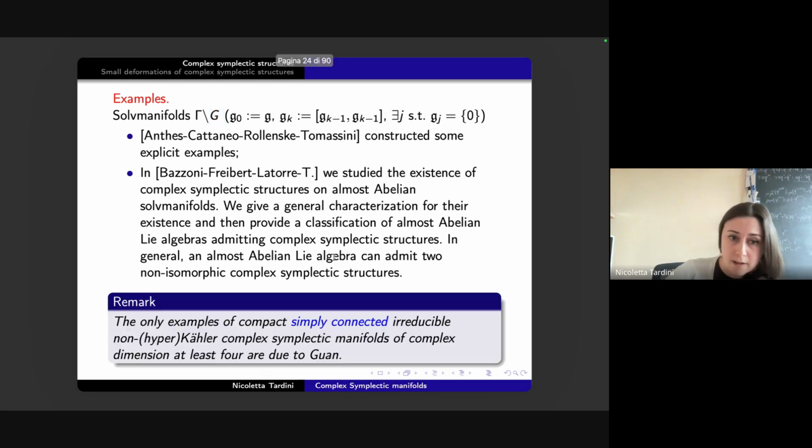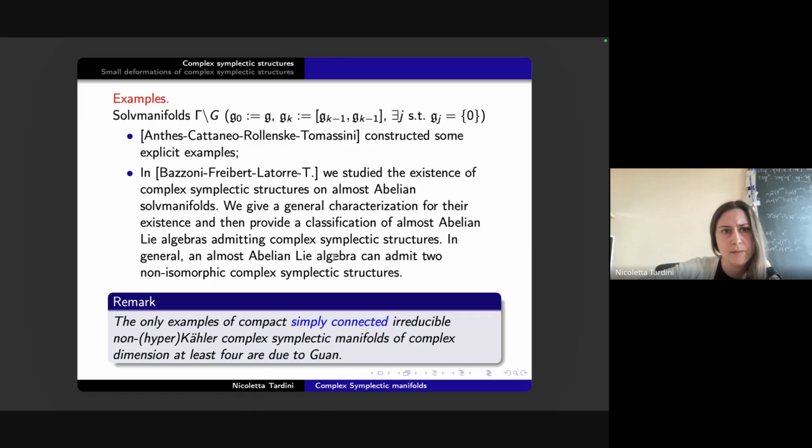And so I should point out probably that the only examples of compact simply connected non-Kähler complex symplectic manifolds are due to Guan. So these are the only examples that are known that are simply connected, but probably these examples are not very explicit.